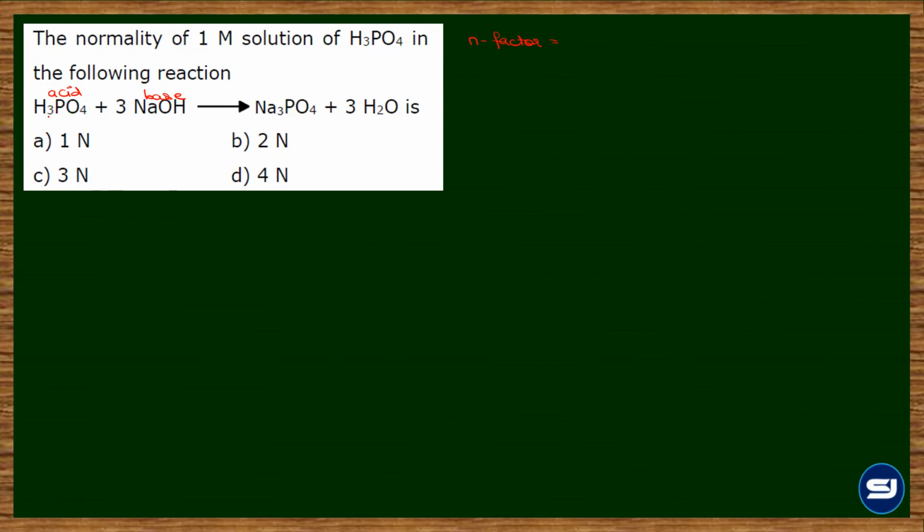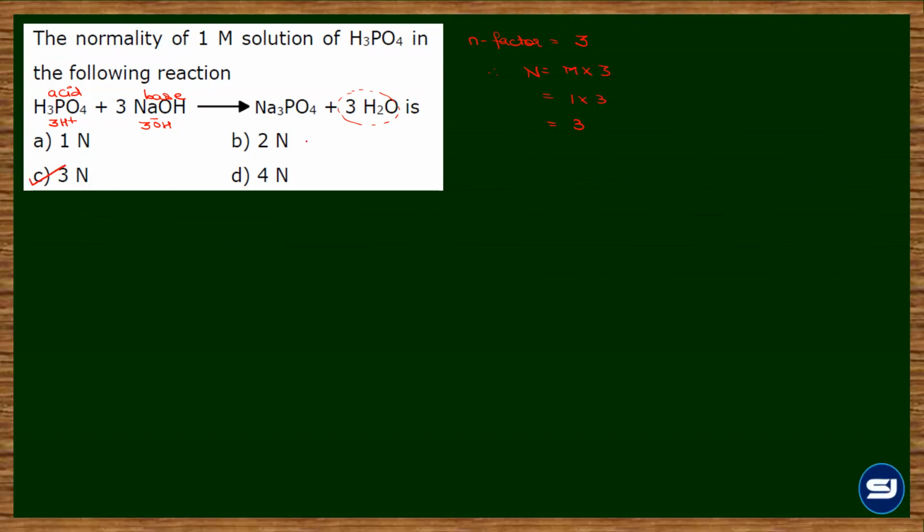So we know that H3PO4 is a tribasic acid having 3 H+, and it is reacted with the base consuming all the H+ ions. That's the reason 3 H2O is formed. That's why the n factor will be equal to 3. And therefore, the normality will be equal to molarity times 3, and that's 1 into 3, which is 3 normal, option C.